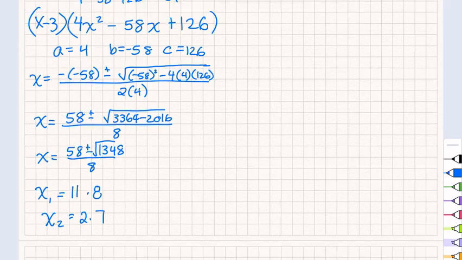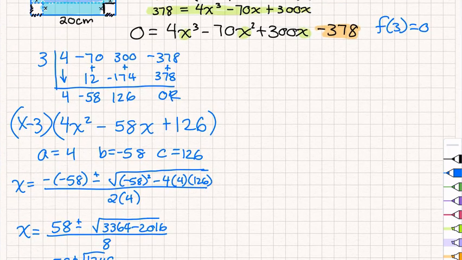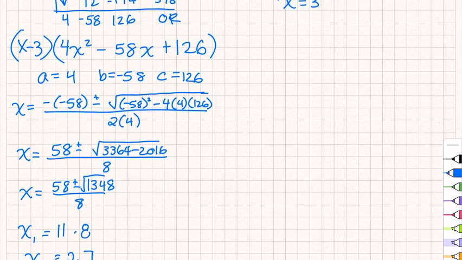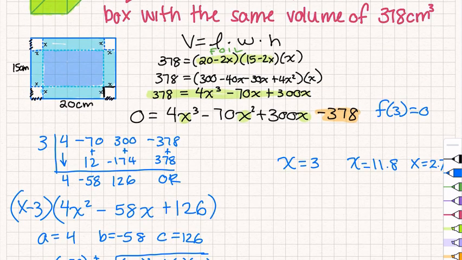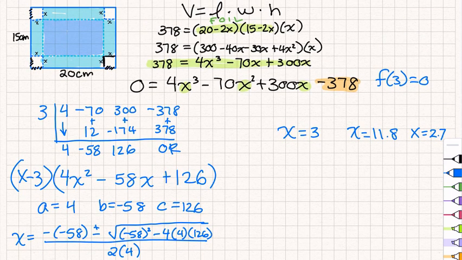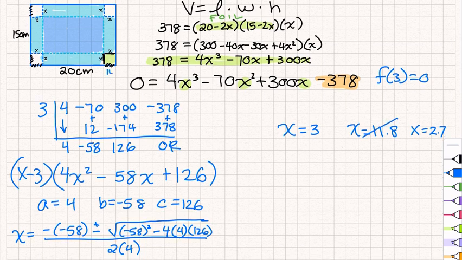Okay, so if we check these possible values, so far we have x can be 3, x can be 11.8, and x can be 2.7. We need to make sure that this is possible. If we were to solve the length and width, subbing in these values for x, would we be able to? For sure, we wouldn't be able to sub in 11.8, because if we subtract 11.8 on either side, what happens?